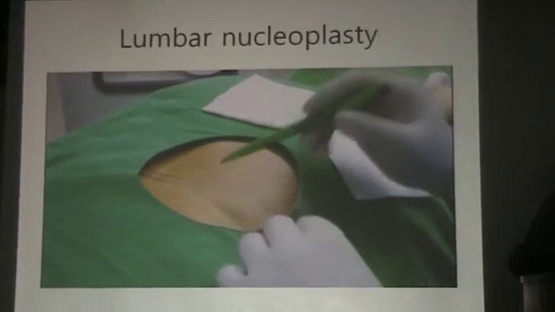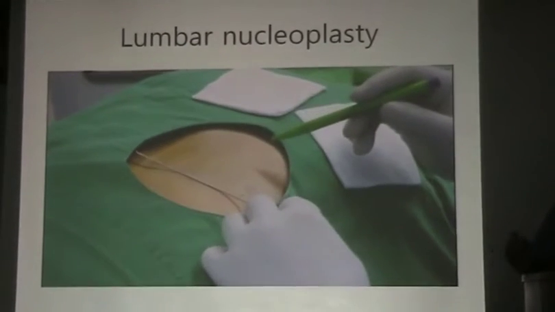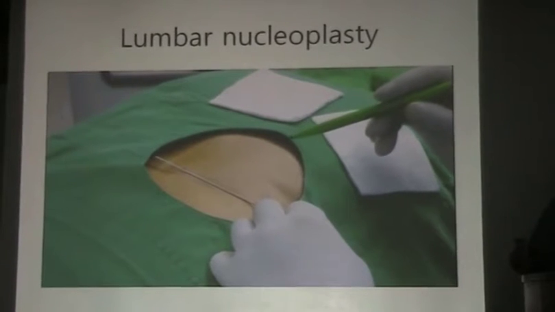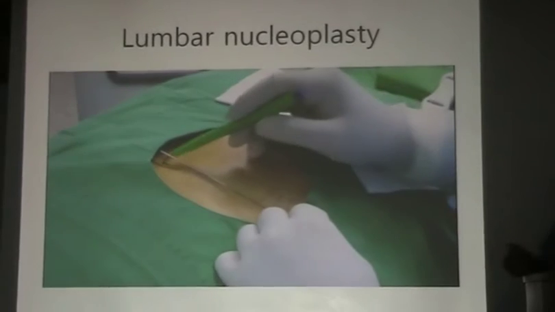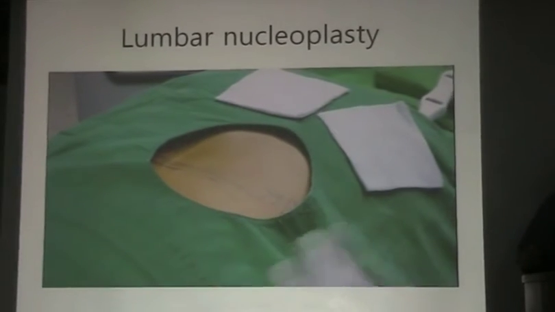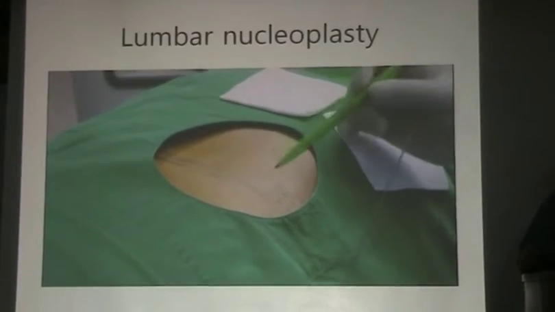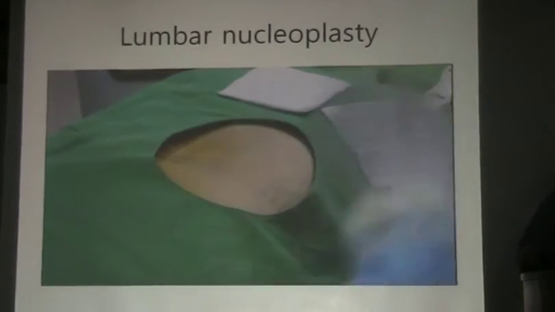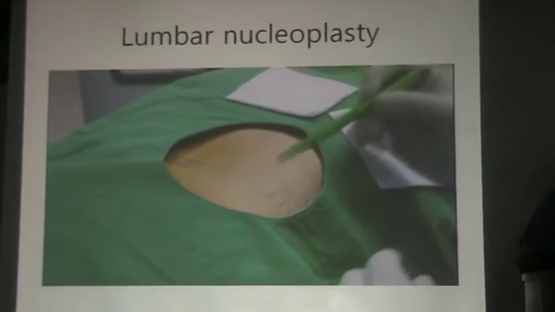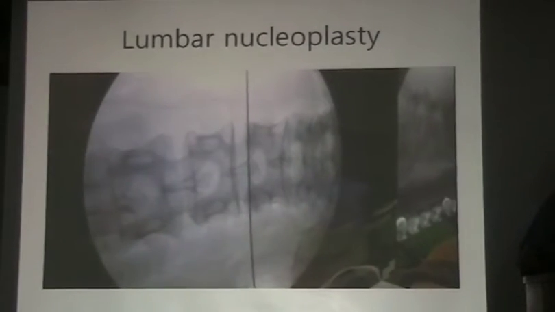Yes. I check the true AP and lateral view and the exact pathway of the needle to the target. I make the entry point around 10 cm from the midline.